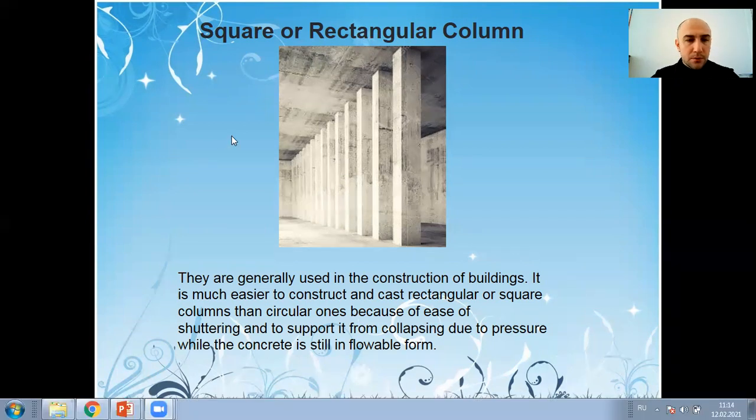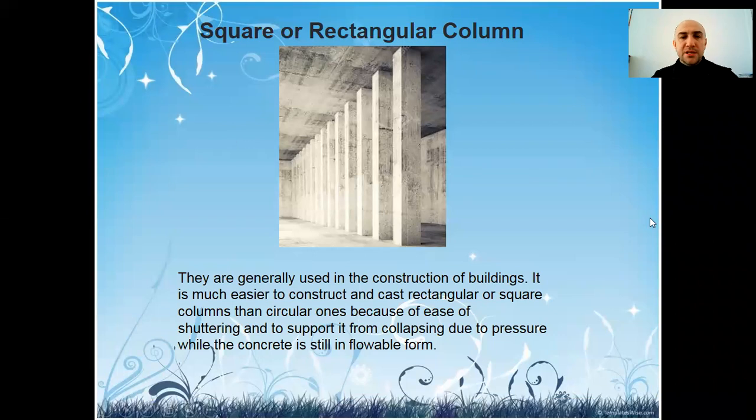Columns of square or rectangular cross section are made with the same grade of materials, keeping the same height to thickness ratio but varying the cross-sectional dimensions.